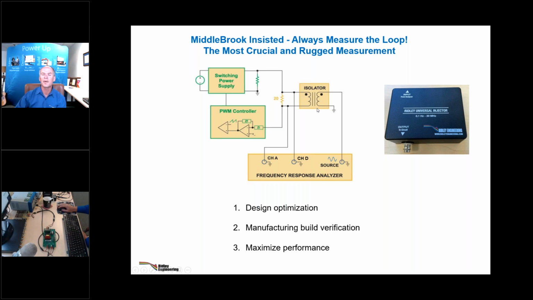When we first saw the Venable on the market, you had to buy 5 different isolators. One went from 10 hertz to a kilohertz, and you had a kilohertz to 10 kilohertz, and 10 kilohertz to 100 kilohertz, and so on. We put it all in one: 0.1 hertz to 30 megahertz. That's 8 decades. It's a pretty remarkable device. If you feel like winding your own, be my guest.